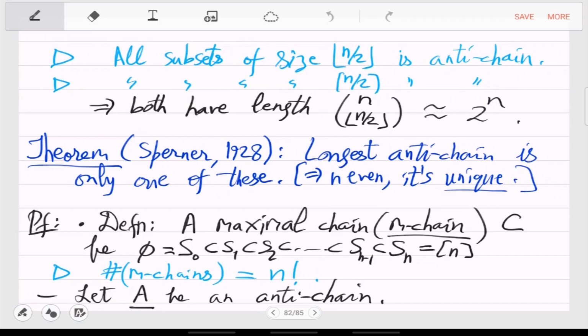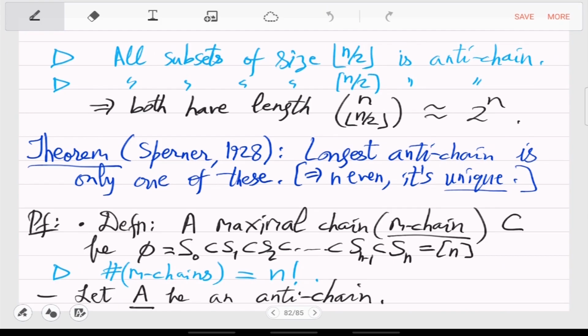This is always n factorial, because no matter what these sets S0, S1, S2 dot Sn minus 1 are, they are in bijection with total order on the elements, which is 1 to n. So the number of ways you can fix them is the number of permutations, number of orders, that's n factorial. So chains or M chains are well understood, completely understood. Anti-chain is the mystery, right?